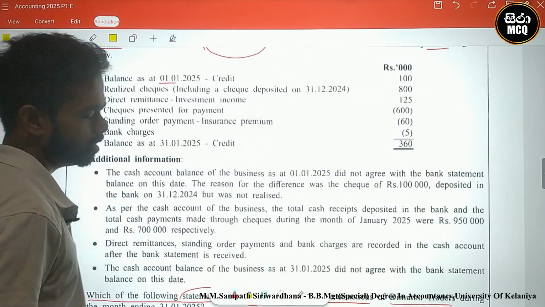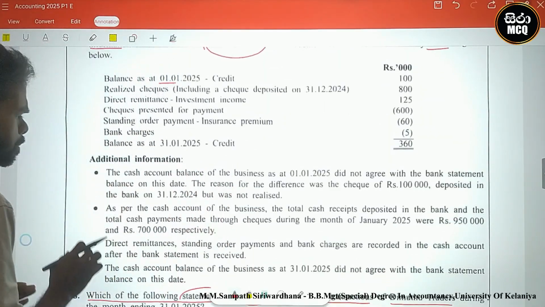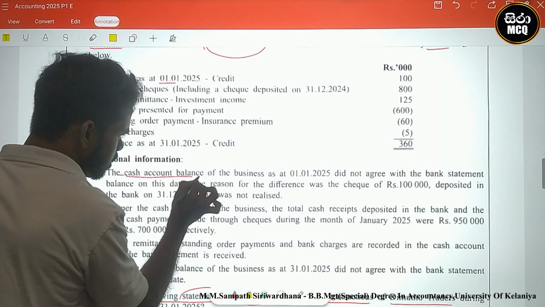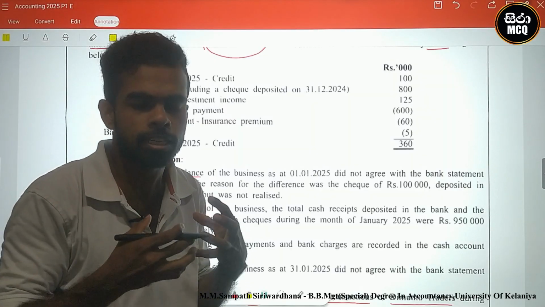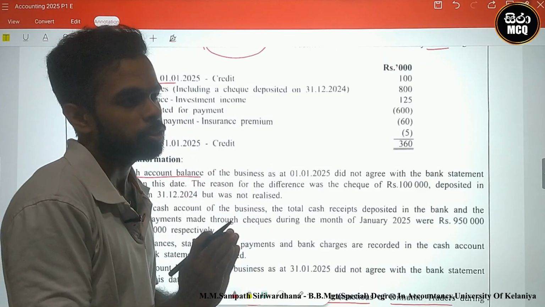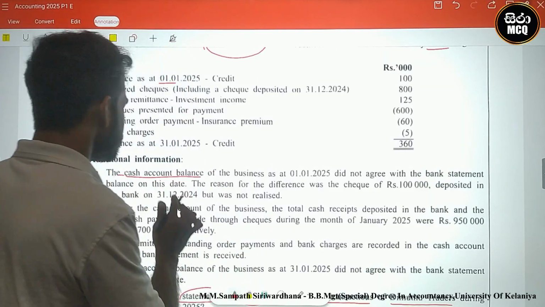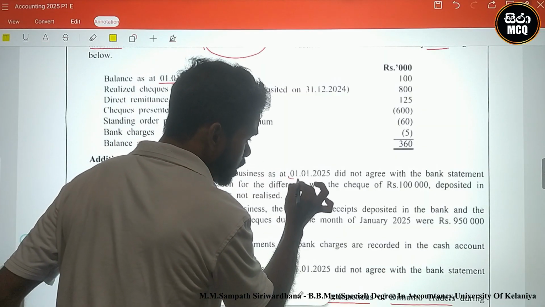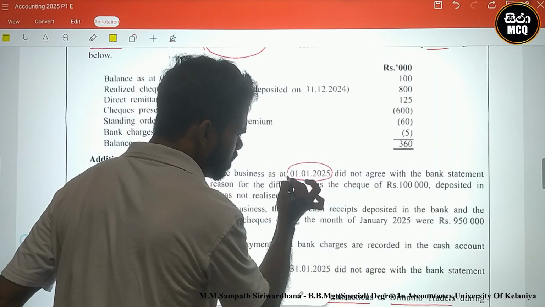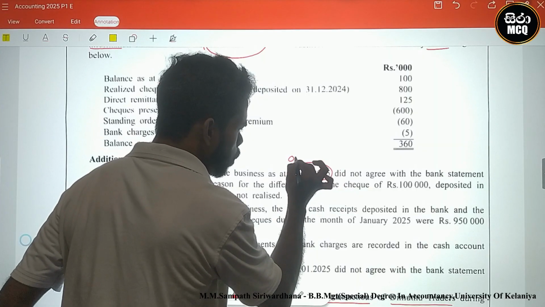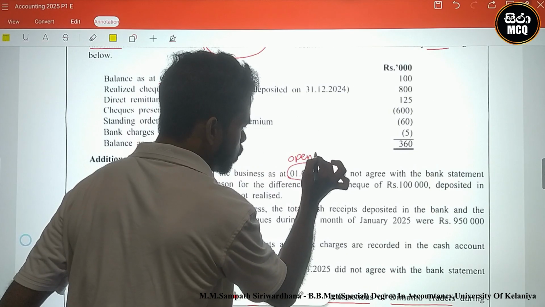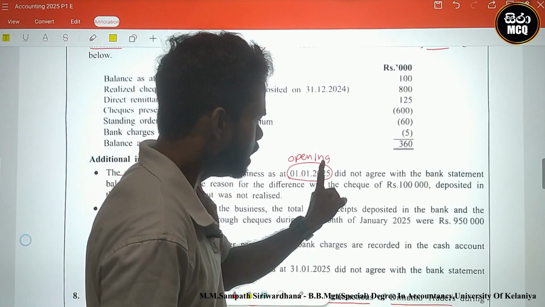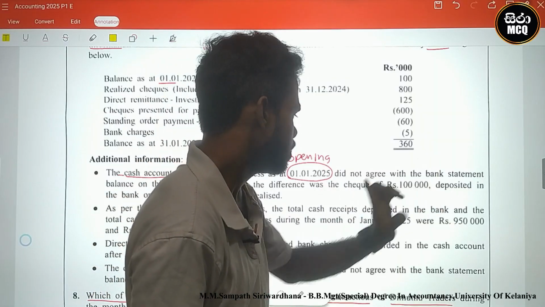Okay, this is the additional information. This is the crucial point here. The cash account balance, cash account means our cash control, cash control means our balance. Okay, the cash account balance of the business as at 1st January 2025, this is the opening date, did not agree with the bank statement.